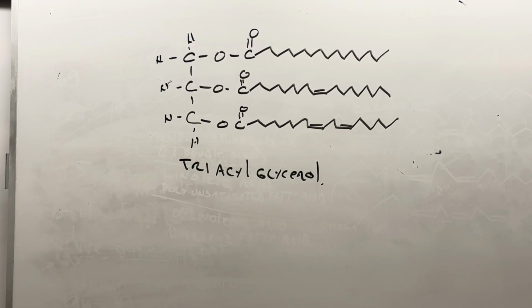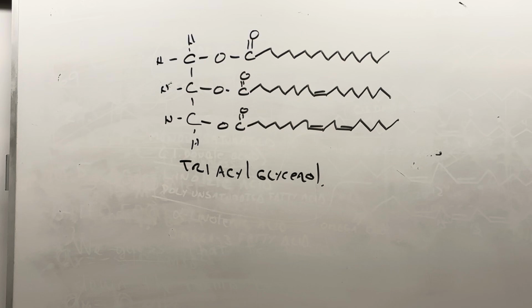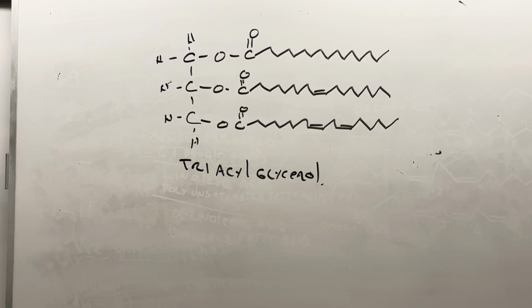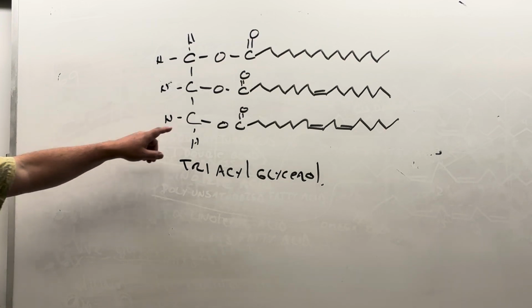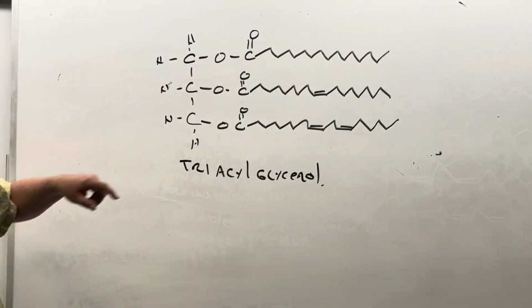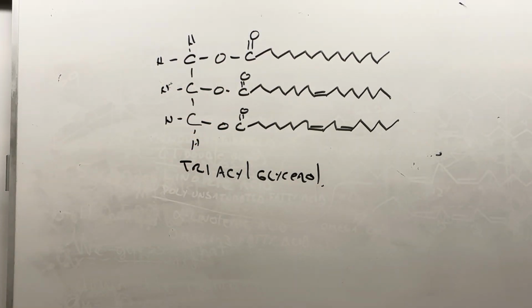I'll give you a hint already. I usually don't tell people exactly what's going to be on the exam, but pretty much every time I do an exam on this, I basically say, draw the structure of a triglyceride. And most people get it right, because a lot of times people get confusion about remembering how to draw an ester. So remind yourself how to draw that ester.